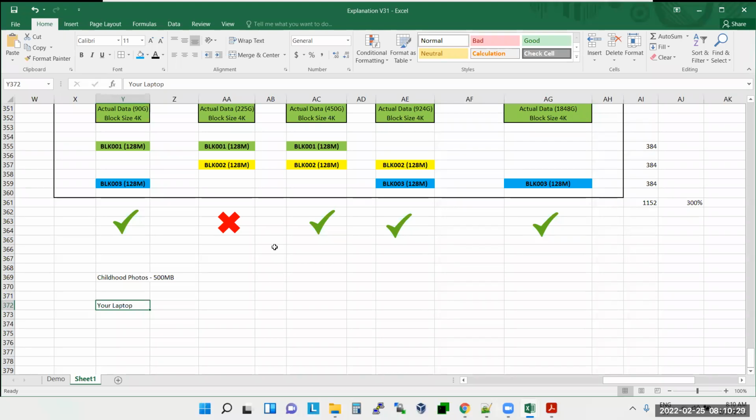And what if my laptop crashes? I will lose all my childhood photos, right? So you will take one more copy in an external hard disk. You will keep the same photos in the external hard disk also.